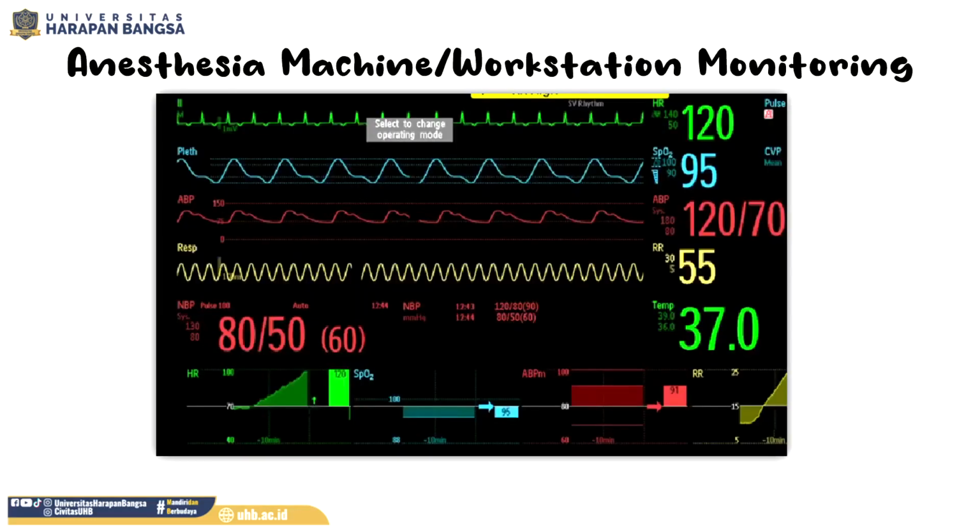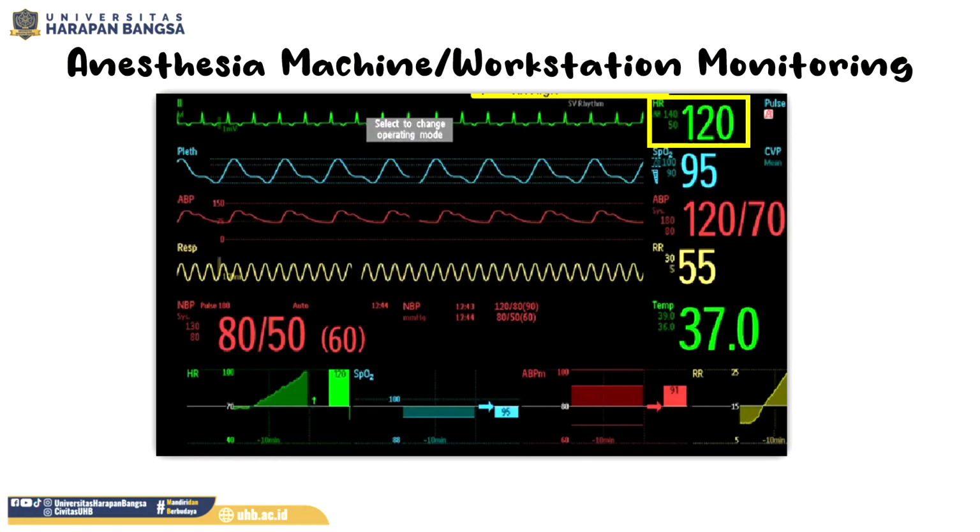The next is anesthesia machine or anesthesia workstation monitoring. So you're going to learn how to report this based on the monitor. Starting from this, we have heart rate or pulse.